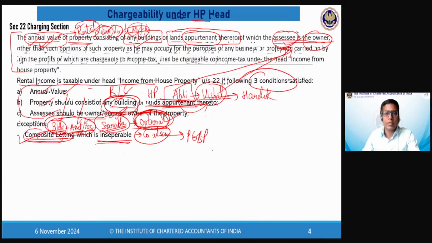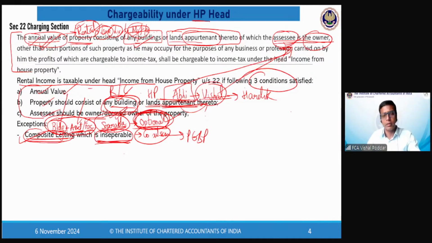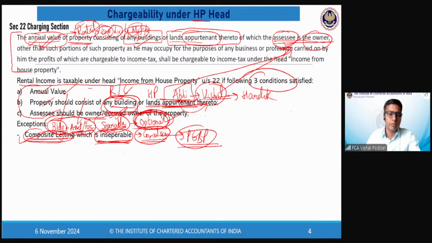You gave a single name rent to the entire amount, correct? Yes, sir. Now my point is, first check whether your letting is inseparable. If your answer is yes, sir, it was compulsory to give assets with the place, it means it is inseparable. The entire rent will go to which head? Income from house property. Beta, it will go to PGBP, business head.